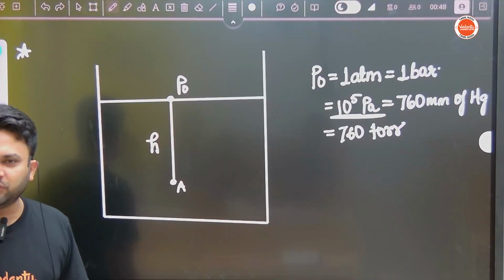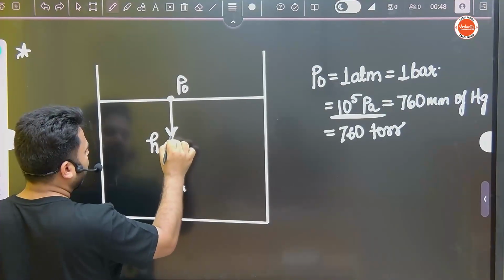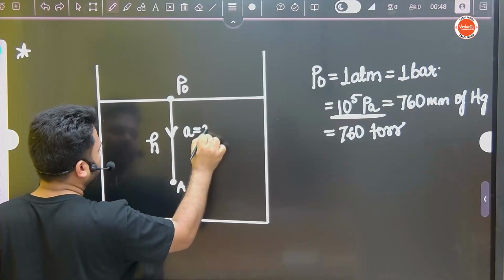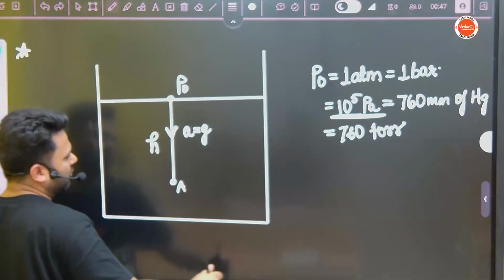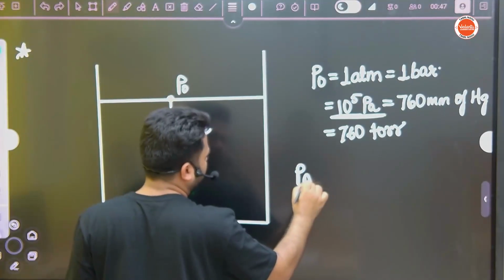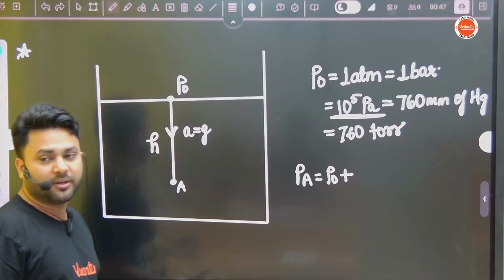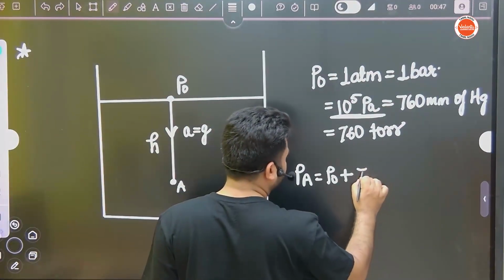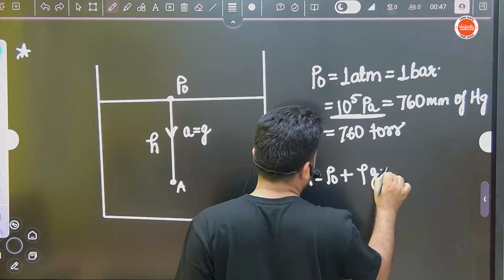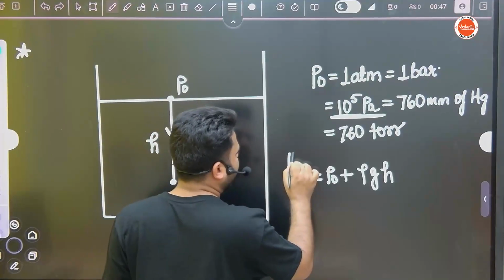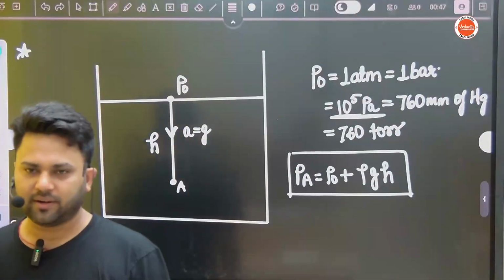As we go down, we have acceleration equal to gravity. So in this direction acceleration is there, which means this point will have more pressure. So pressure at A will be pressure at the surface plus how much? What I told: density of liquid, net acceleration, that is g, times the distance between them. So pressure at A will be P naught plus rho g h. Correct?